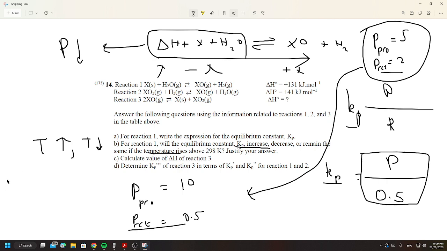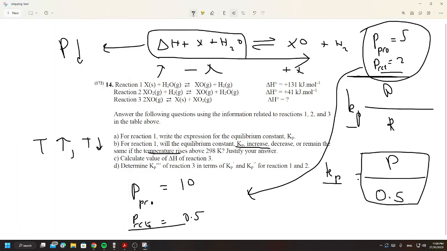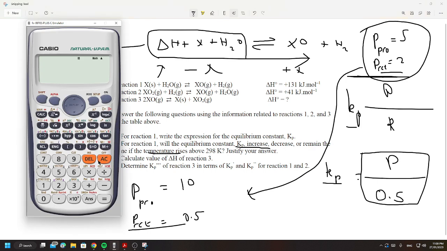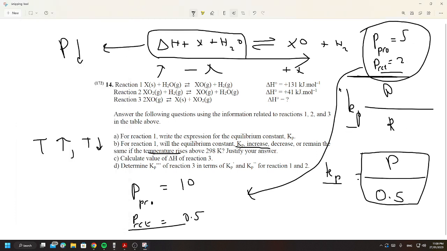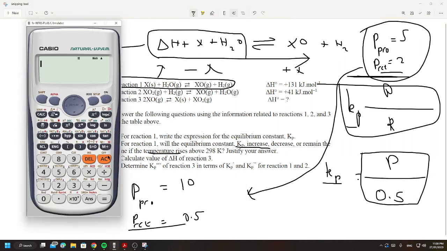I'm going to solve it either way just to show you guys. So Kp before we increase the temperature is just going to be, so this is not the expression for reaction 1, but I'm just going to assume it is, okay, because I can't be bothered to actually write down the reaction expression.